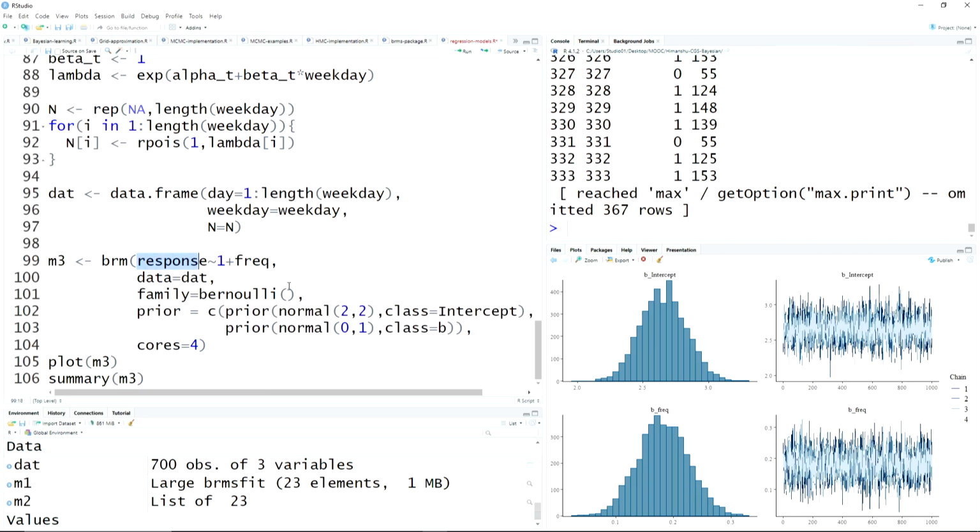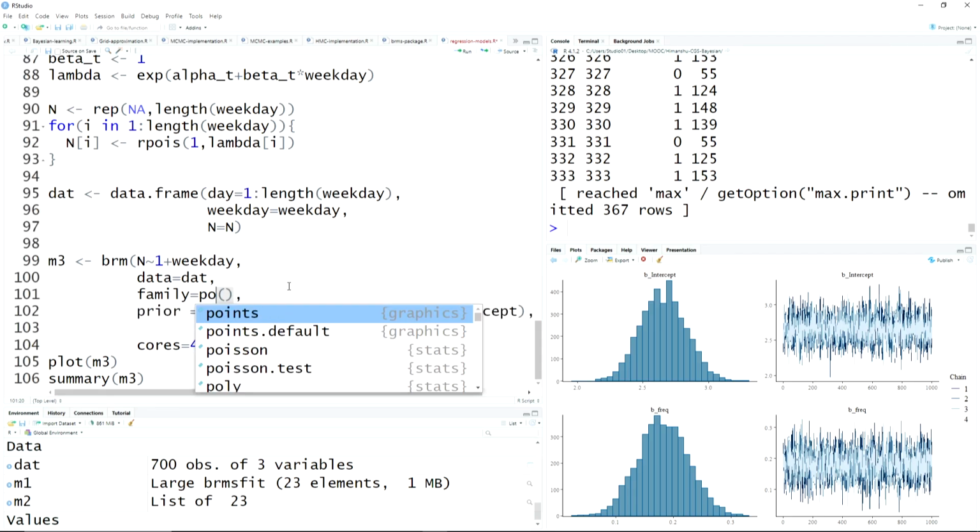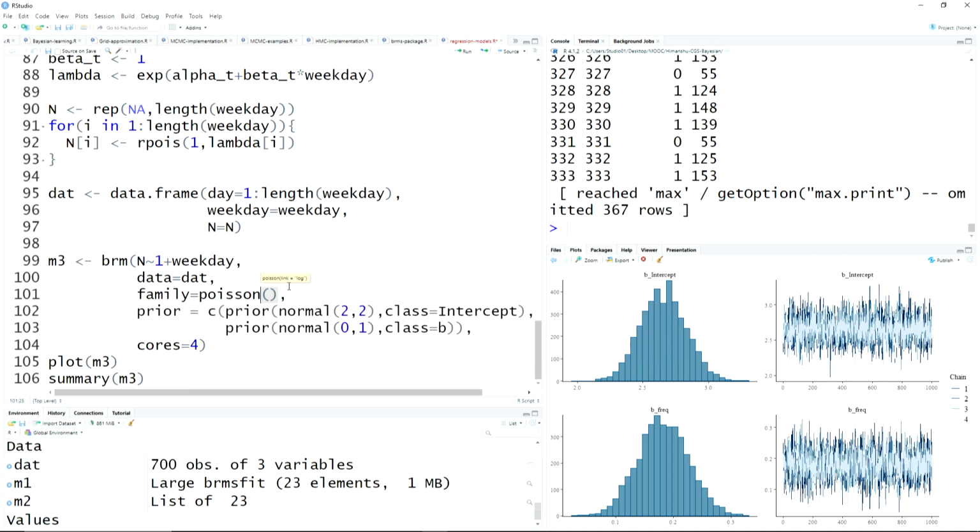So the outcome variable, the dependent variable, is n. The effect that you want to see is of weekday. Data is the data. Family is now Poisson. By the way, it also shows you options for what kind of link you want to define. So, for example, here I will define a log link, which is the kind of transformation you want to apply on parameter lambda.